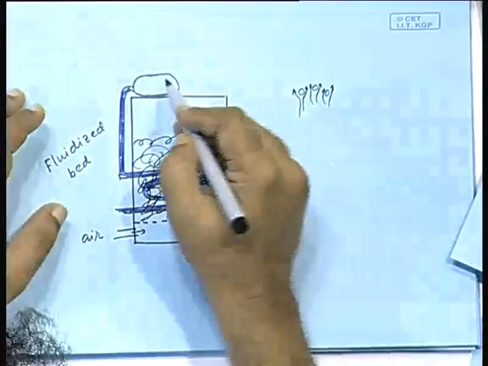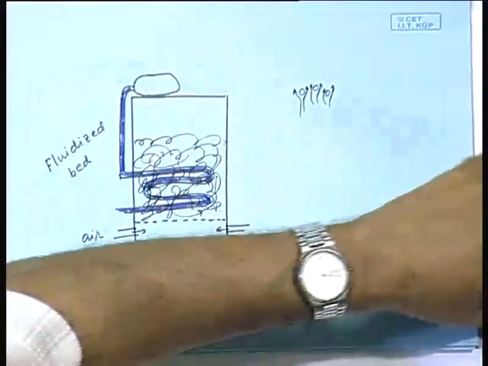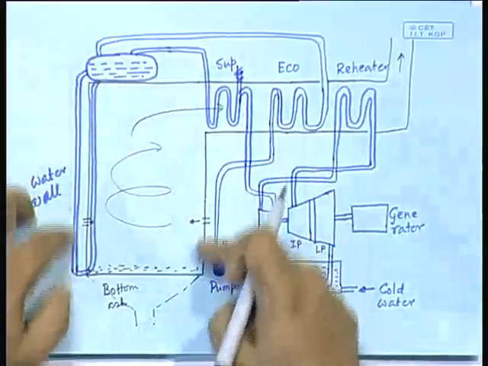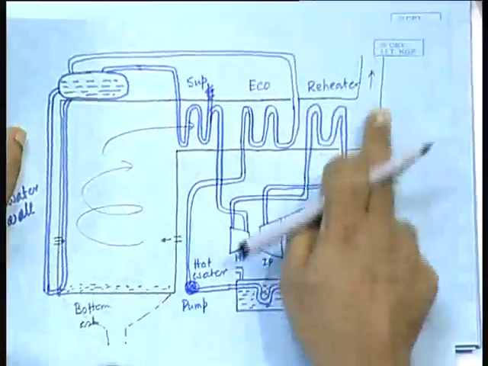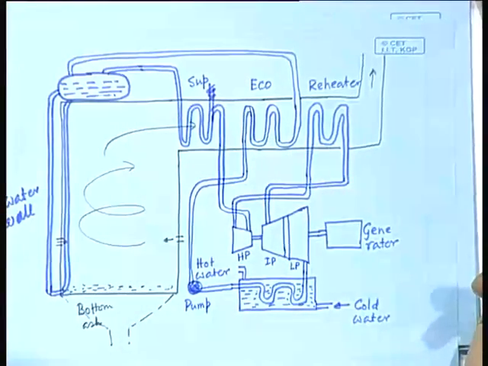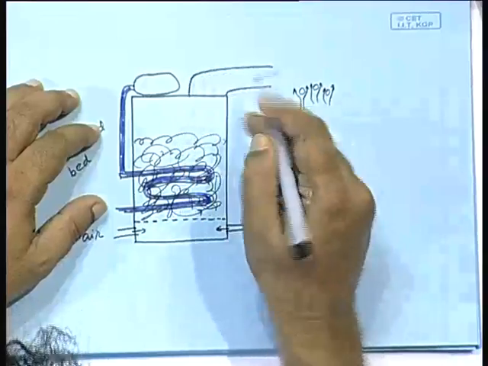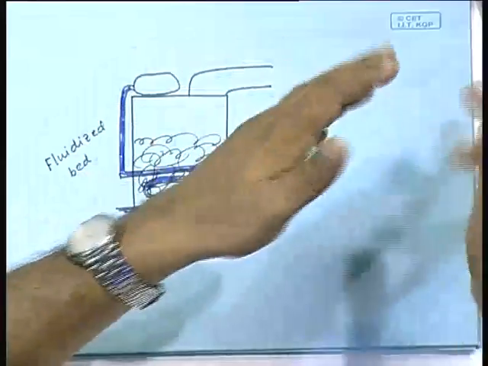After that the structure is the same. That means you essentially replace the actual pulverized coal boiler with the fluidized bed boiler. The rest of the structure all remain the same. That means here the flue gas will go out, and the flue gas path will contain the superheater, the reheater, the economizer, everything, and it will go out.